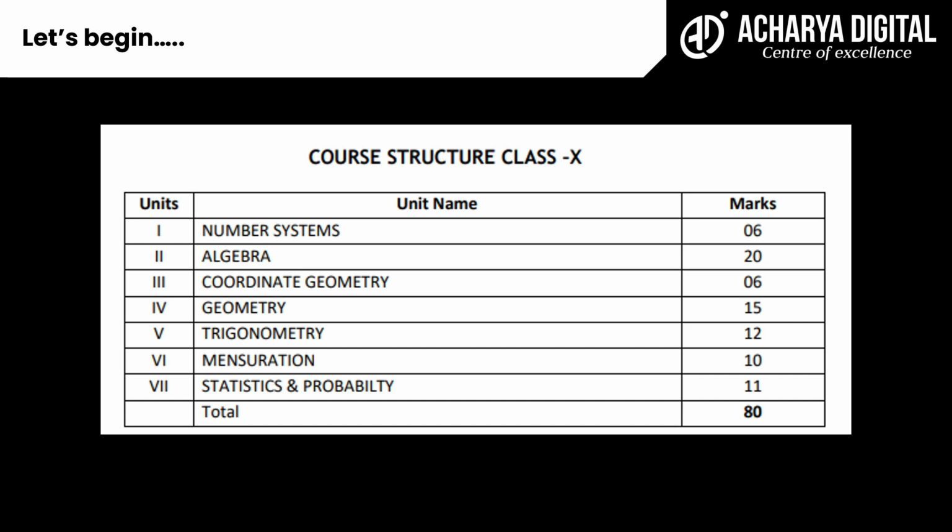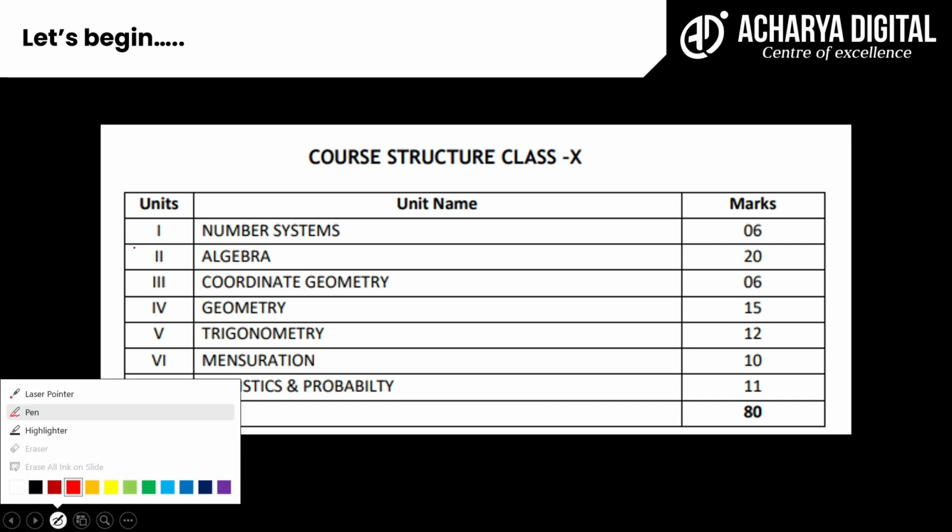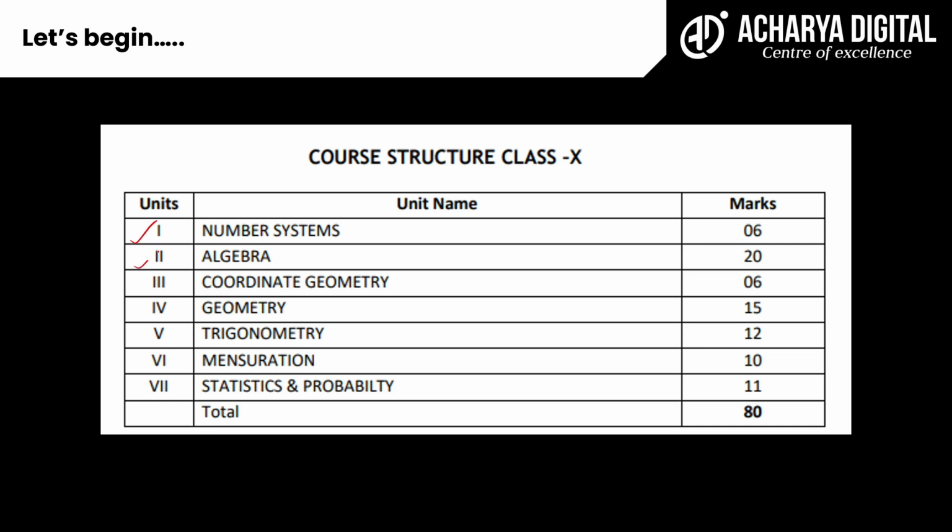So let us see the course structure of class 10. In mathematics, if you can see here, there are in all 7 units. Number 1 is number systems carrying 6 marks. Second one is algebra having 20 marks.